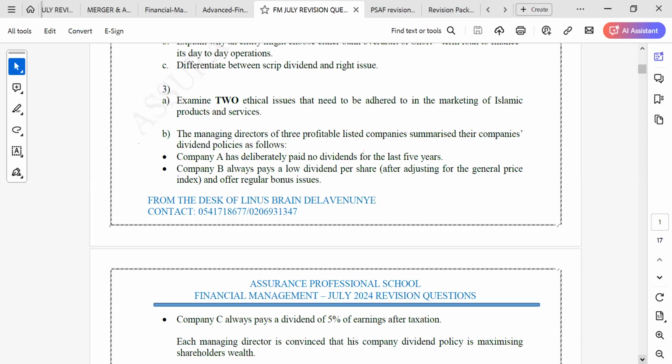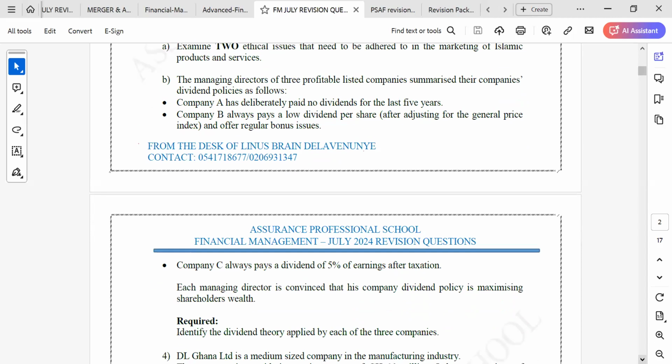Company C always pays a dividend of 5% of earnings after taxation. Each managing director is convinced that his company's dividend policy is maximizing shareholders' wealth. Required: identify the dividend theory applied by each of the 3 companies. Okay, so we have the dividend policies, and that is not that much.